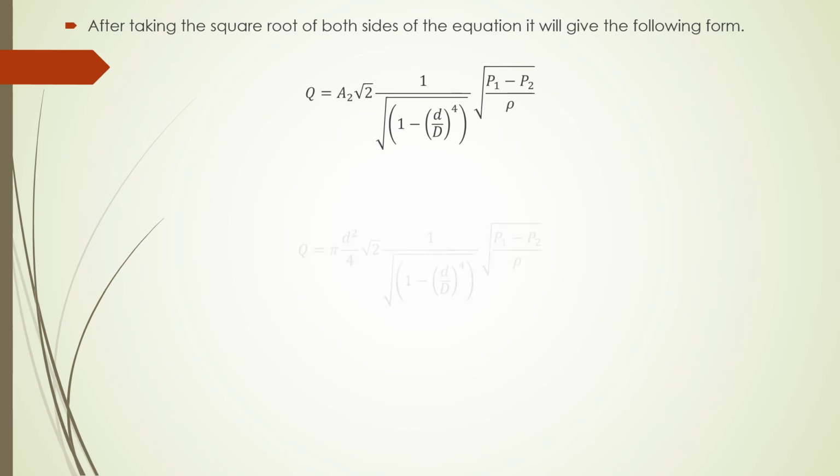The next step or the resultant step will be Q equal to pi D small squared over 4. This is the area of this cross-sectional area. Multiply square root 2 multiplied by 1 over square root 1 minus D small over D capital all to the power 4 multiplied by square root P1 minus P2 over the density.